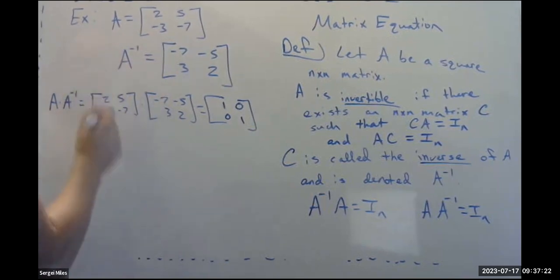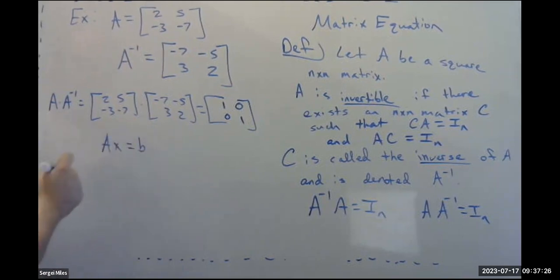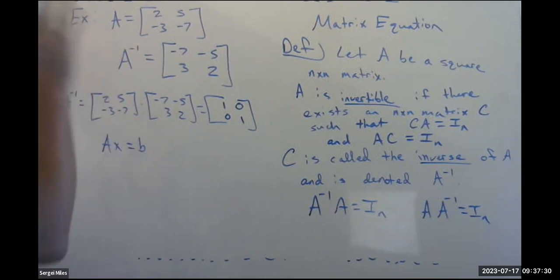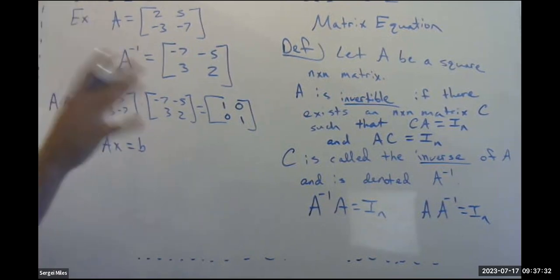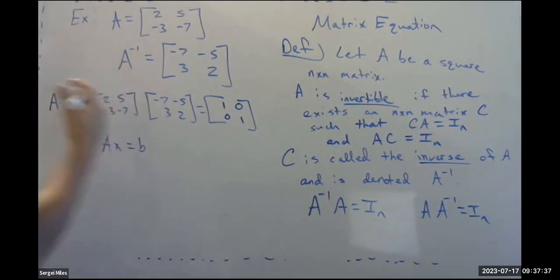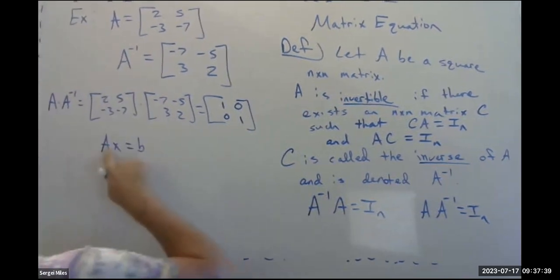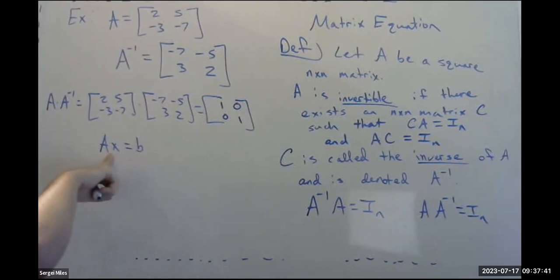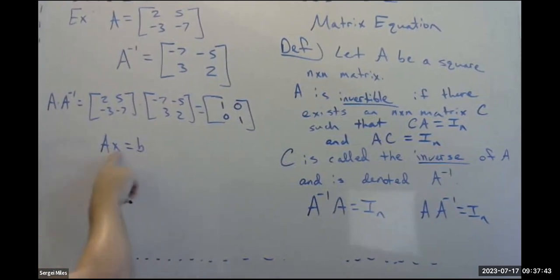So why do I like this? Well, if I have AX equals B, I can multiply on the left side by A inverse. Now, again, remember, order of multiplication with matrices is super key, right? So remember, I can't flip the order of A times X, right? Because X would be a 2 by 1. And if I flip the order, you can't compute it.